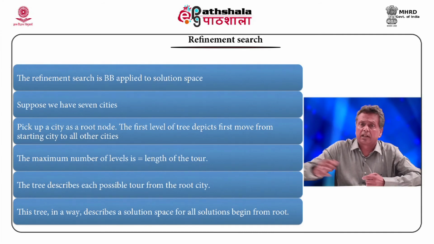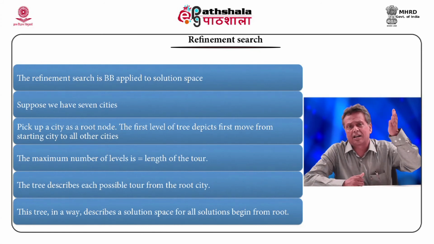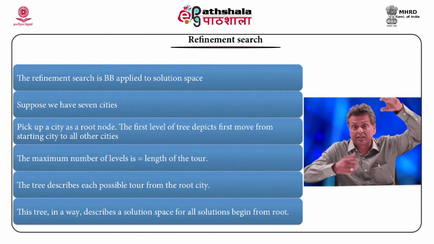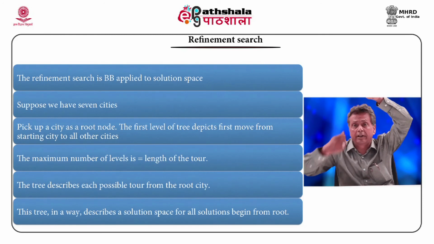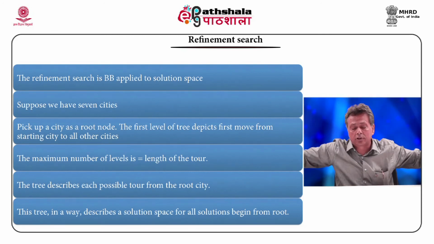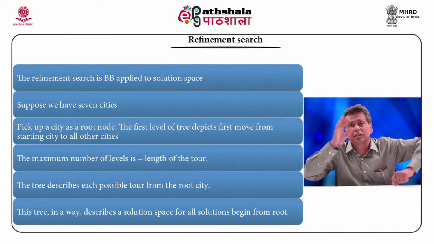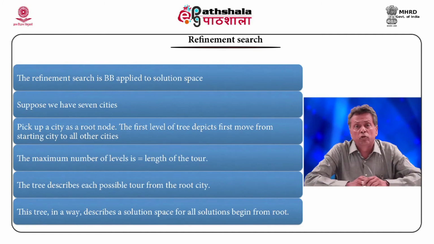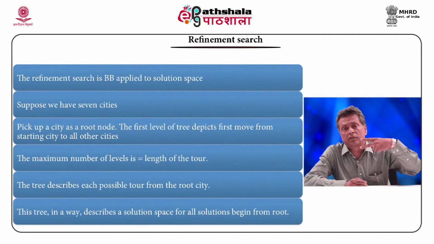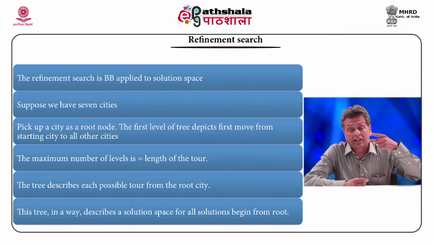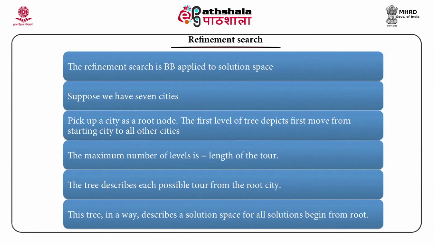Let us take the case of 7 cities, pick up a city as a root node and start traveling. But here you already have the paths and the solution space ready, and you initialize the solution using a very simple thing. Now, how do you find the assumed length? A very simple heuristic can be used here.